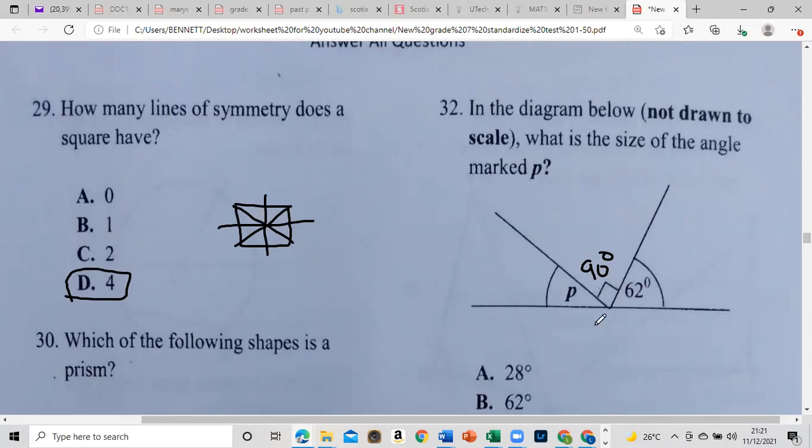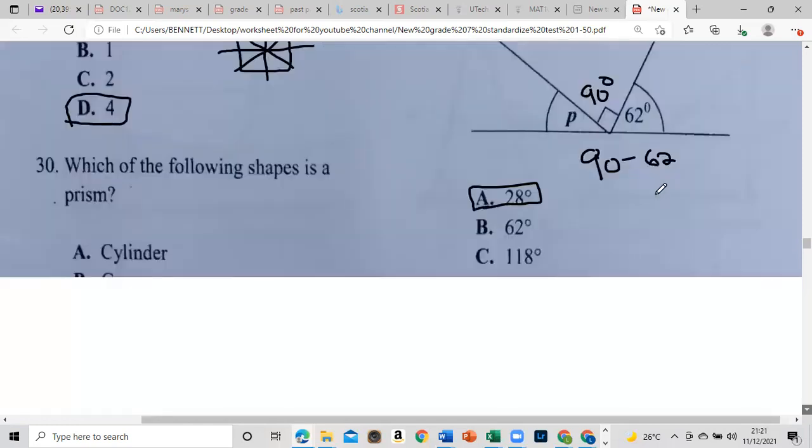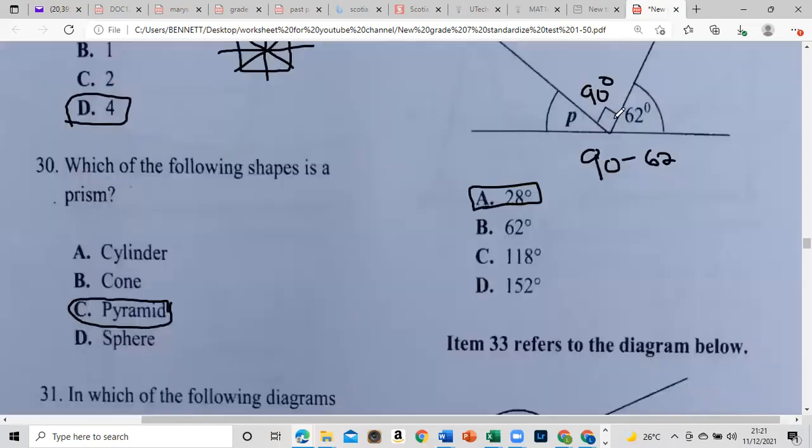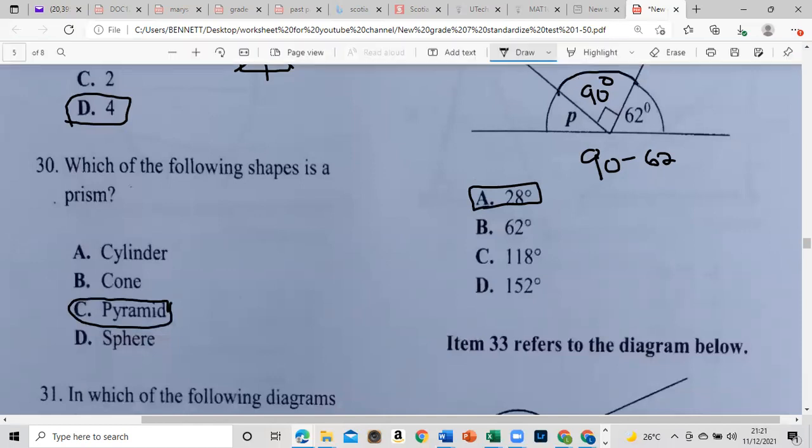So it's 90 subtract 62, and this will give us 28. So the key is to know that this is 90 degrees, and angles on a straight line add up to 180 degrees.